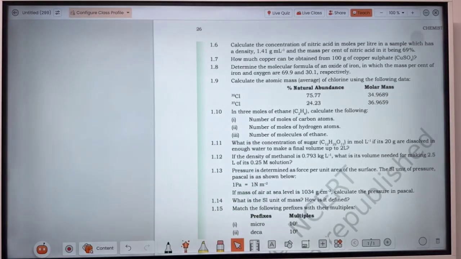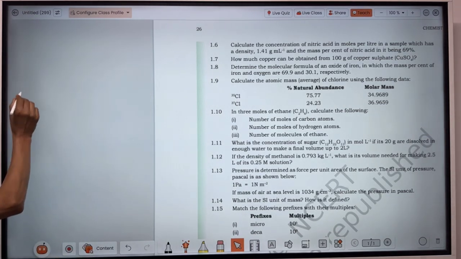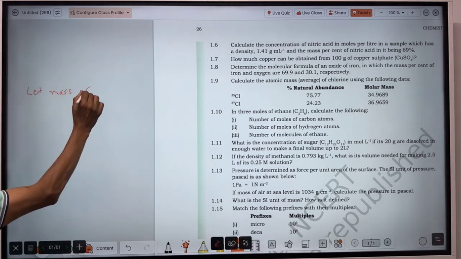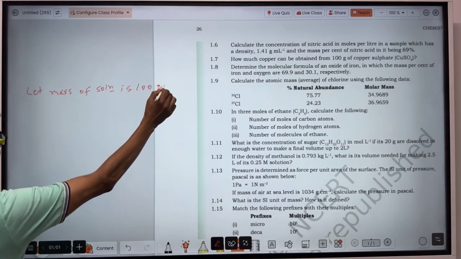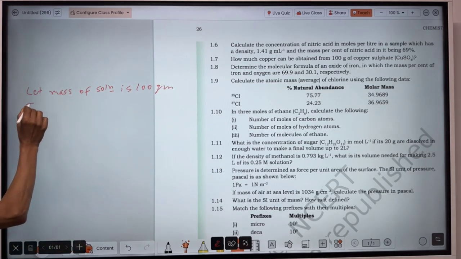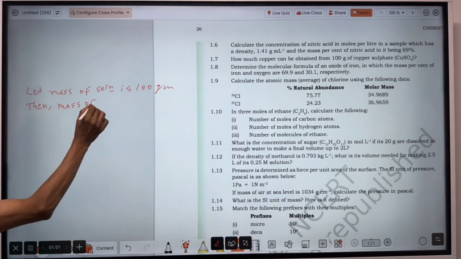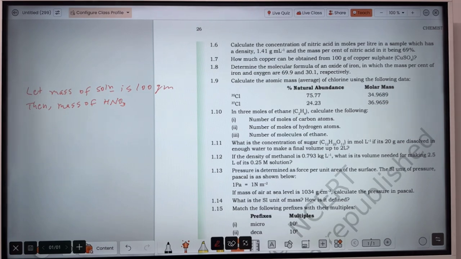Don't worry, I will solve this question. So let's see here. HNO3, nitric acid is HNO3.